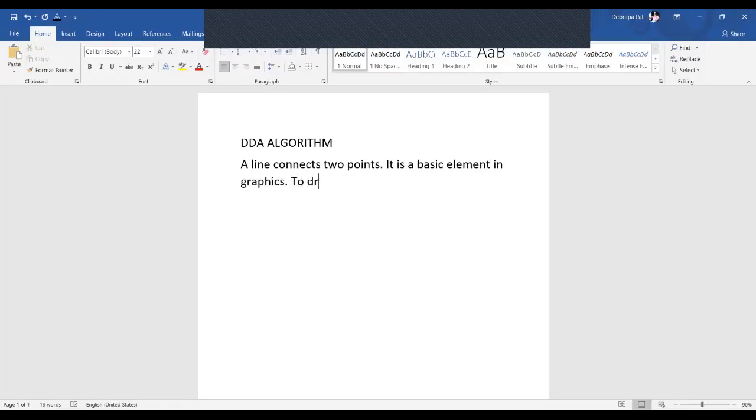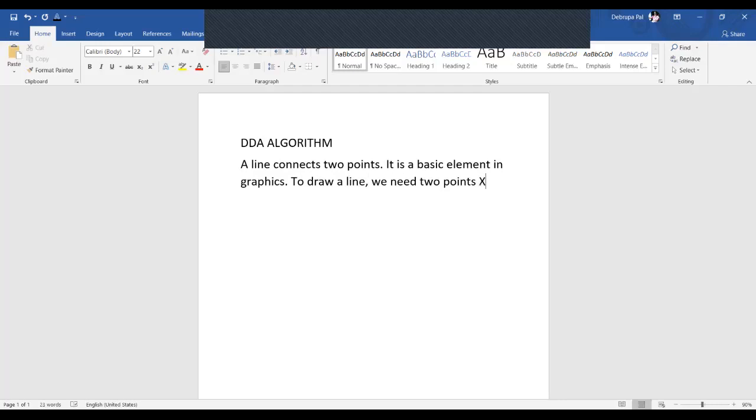So to draw a line, what is needed? To draw a line, we need 2 points between which we can draw the line. So what should be the points?